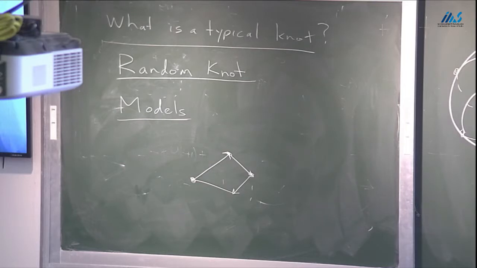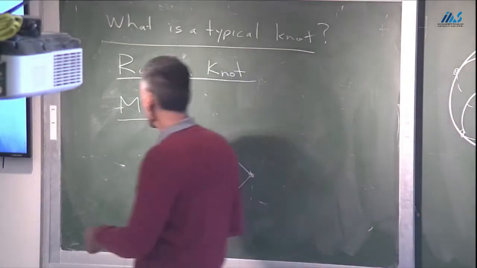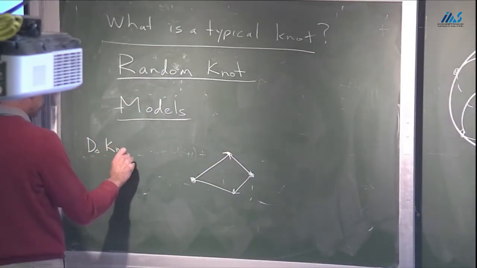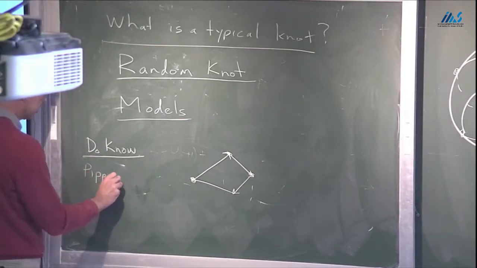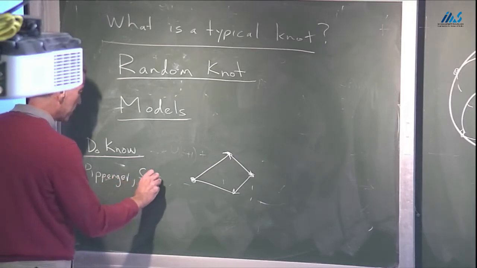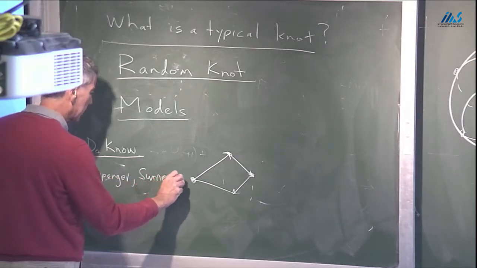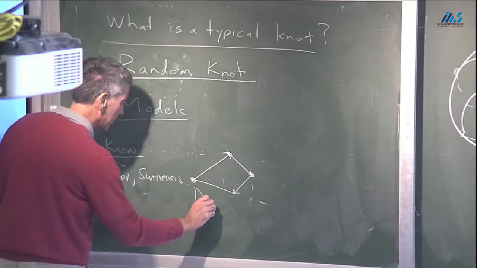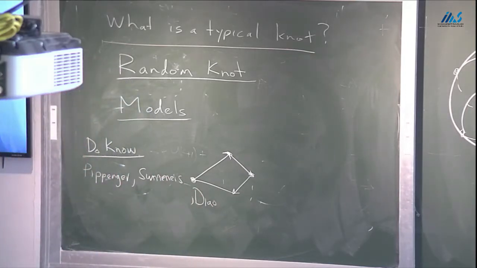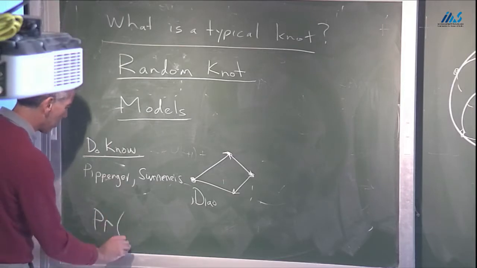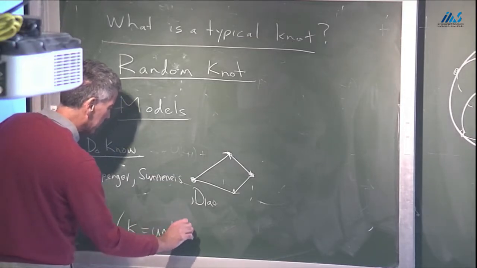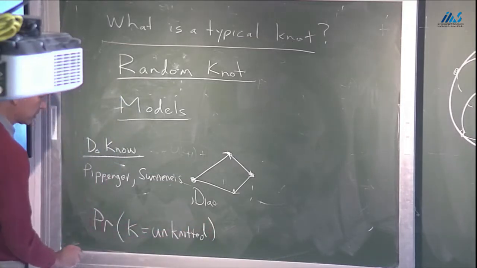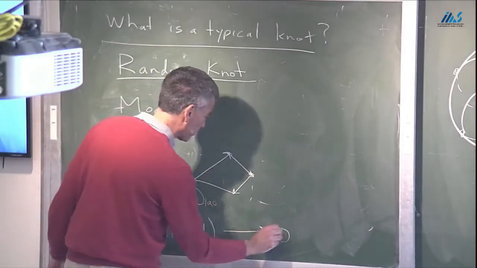There is one thing we know in two or three of these models. This was proven by Pippenger, Summers, and Zhao: the probability that a random knot is unknotted goes to 0 with the number of steps.